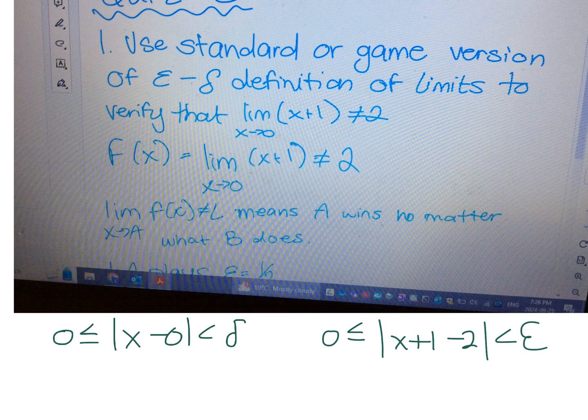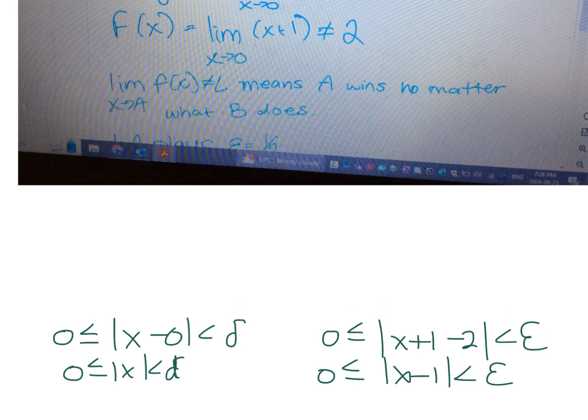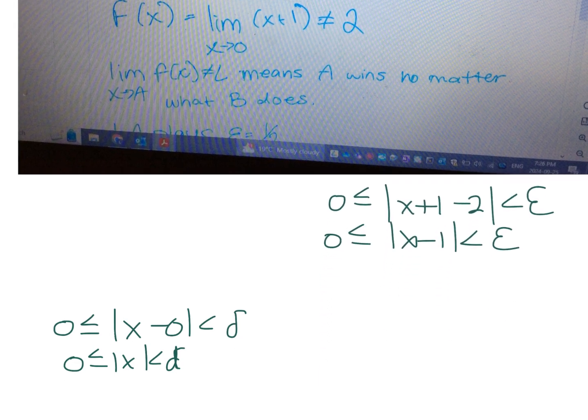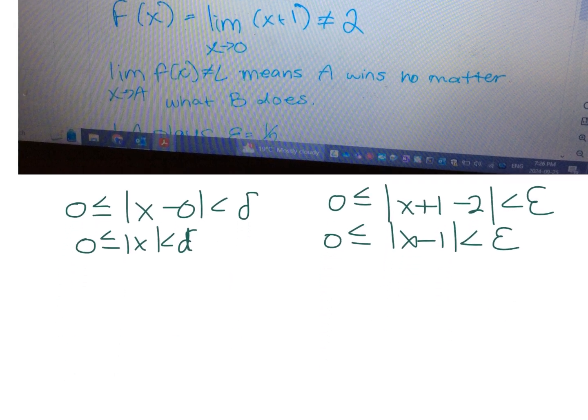And so what's going to happen there is I end up with delta greater than absolute value of x, but over here I'm going to end up with x minus 1 less than the value of epsilon. And since those things are not equal, then there's no way for us to make them equal.